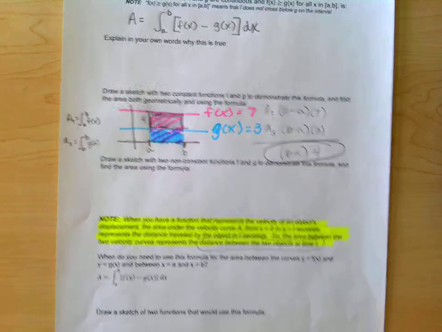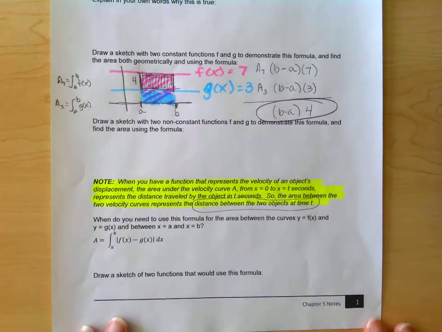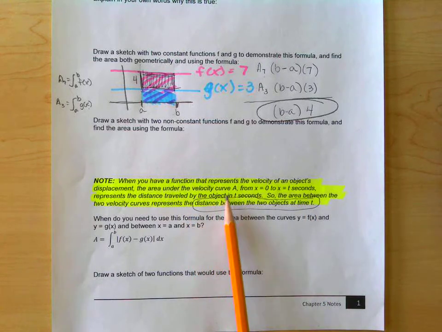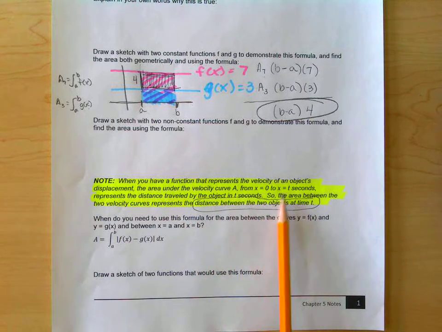It will be helpful to note that when you have a function that represents a velocity of an object's displacement, the area under the velocity curve from x equals 0 to x equals t seconds represents the distance traveled by the object in t seconds. So the area between the two velocity curves represents the distance between the two objects at a given time t.